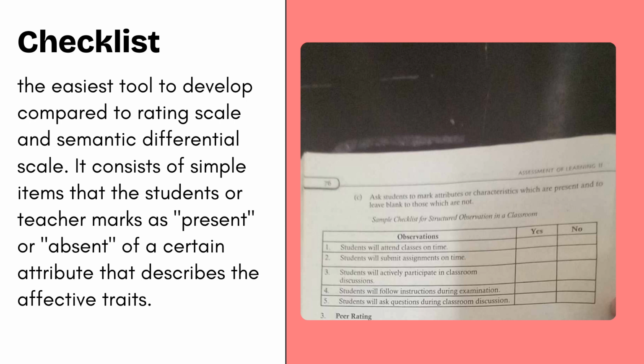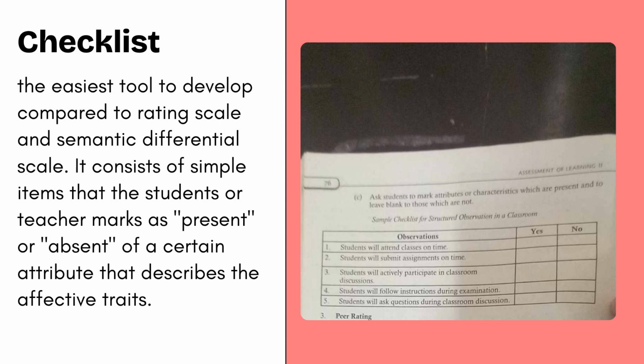For example, the checklist may include items like student will attend classes on time, student will submit assignment on time, student will actively participate in classroom discussions, student will follow instructions during examinations, and student will ask questions during classroom discussions.